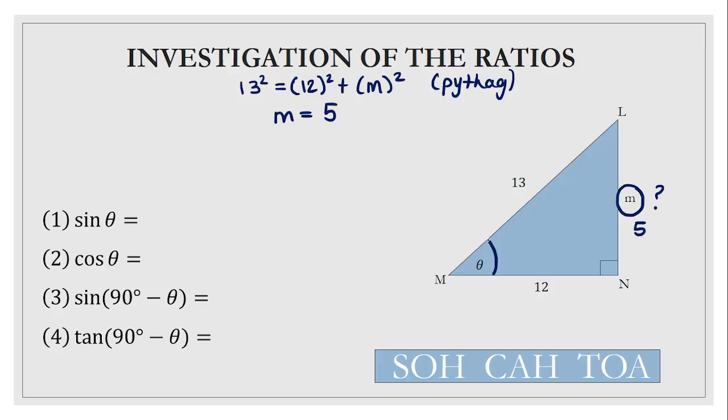So according to this angle, which is theta, this would be my opposite, adjacent, and always my hypotenuse. So looking from theta, because that's what this is saying, let's get sine. So this first one's going to be 5 over 13. Then cos is going to be 12 over 13.